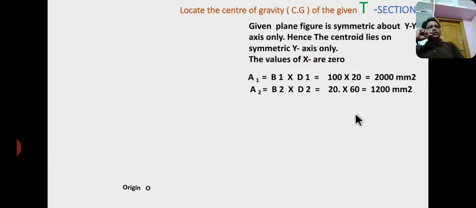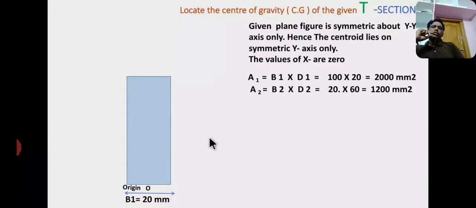Now coming to the answer. First step is to locate the centroid or center of gravity of the given T section. So first of all, you have to find the value of the centroid. Now the area of the bottom rectangle, A1 equals B1 into D1, so base into depth, that is 20 into 60.